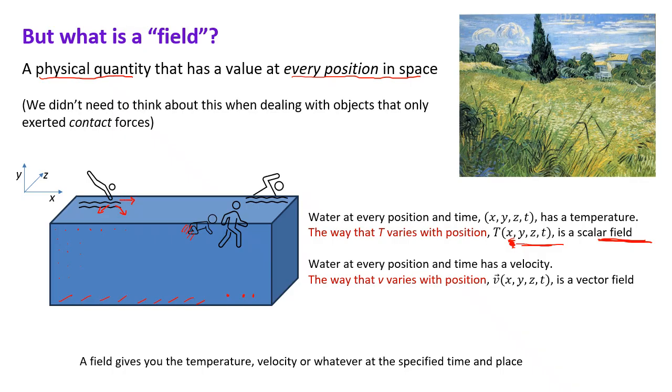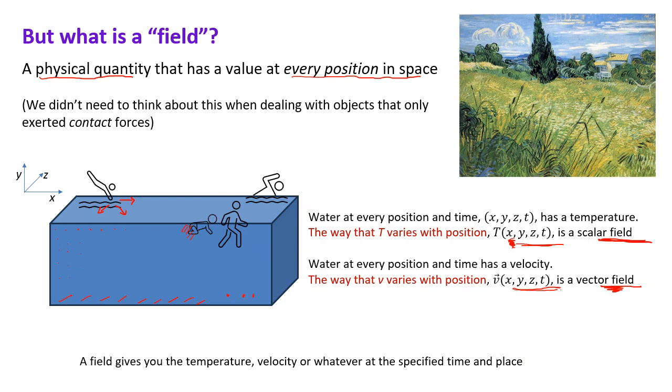So water everywhere has a velocity, and the way that that velocity varies with position, and in fact also with time, is a field. And this time, it's called a vector field. And that's because the velocity is a vector. Not only does it have magnitude, it has direction.